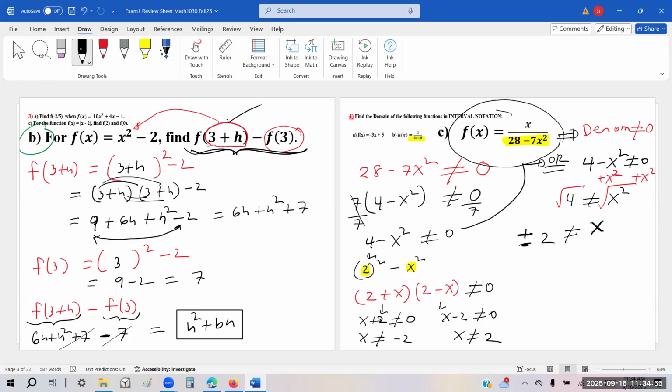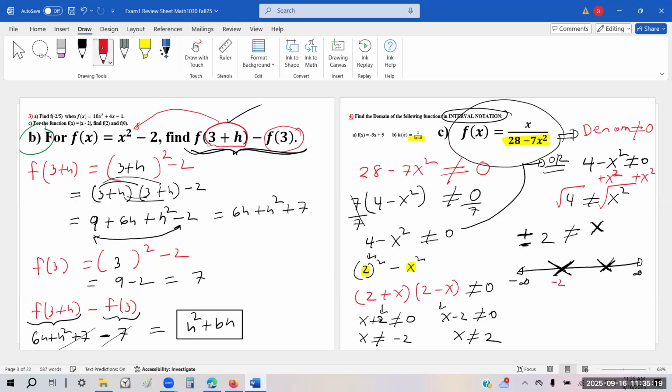But it's about writing interval notation. So you know it by logic or by inequality, but you have to write this out using interval notation. So you look at the number line. From negative to positive infinity, you can substitute everything for x, but there are two numbers you definitely cannot plug in.